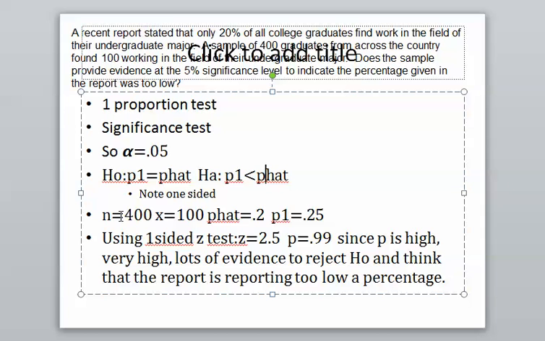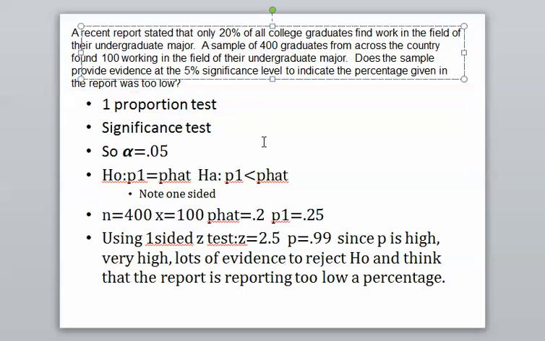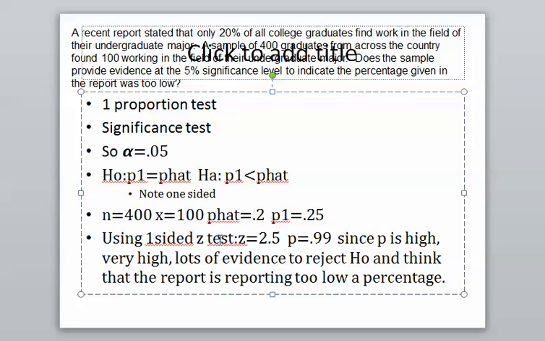So we take n at 400, we take x at 100, p hat is 0.2, p1 is 0.25. How do I get 0.25? Well, 100 working in there out of 400, so that's 0.25. And I use a one-sided z-test with a z-value of 0.25. My probability turns out to be 0.99.